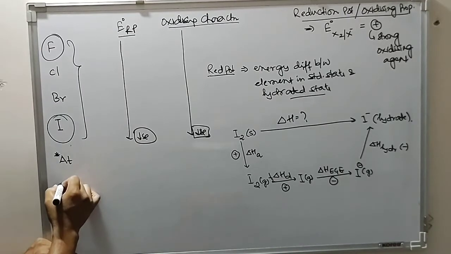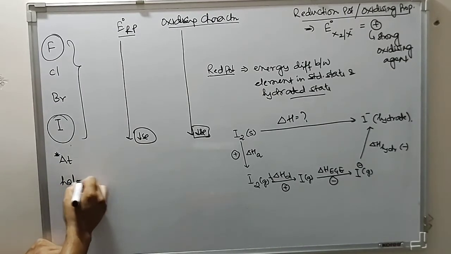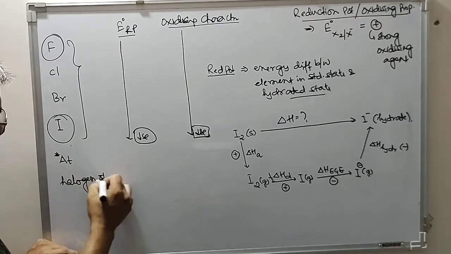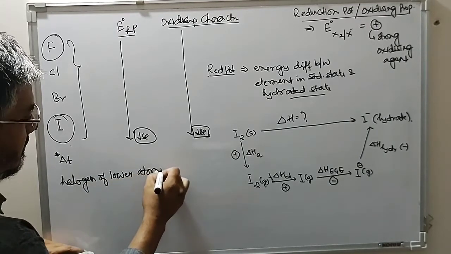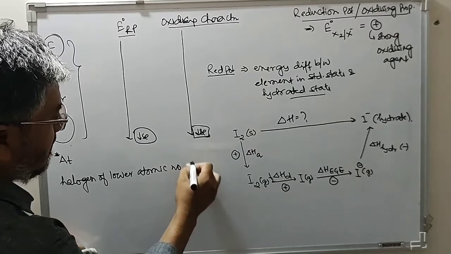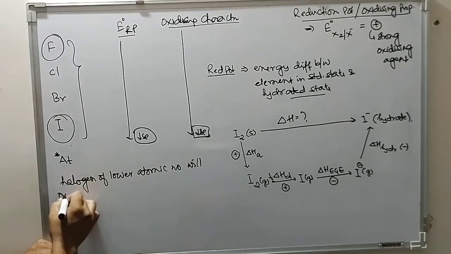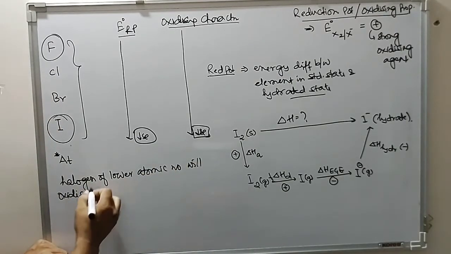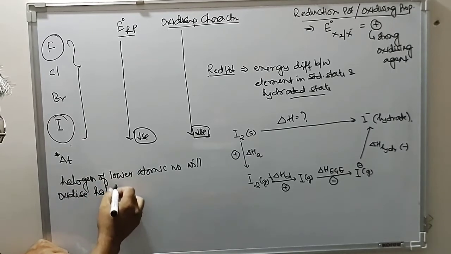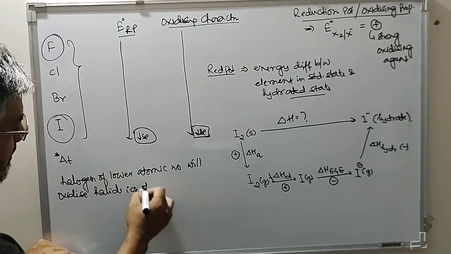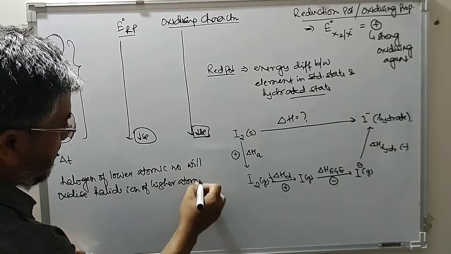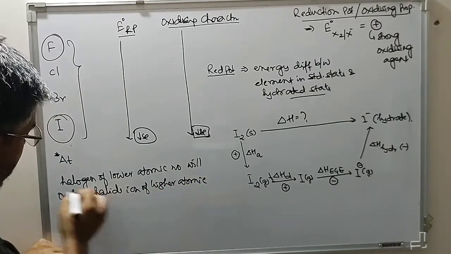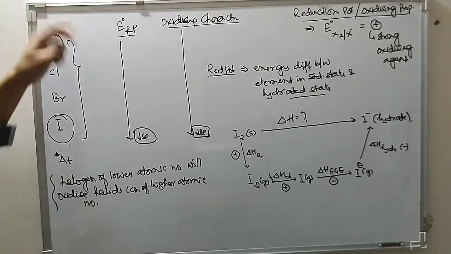This statement is: halogen of lower atomic number will oxidize halide ion of higher atomic number.